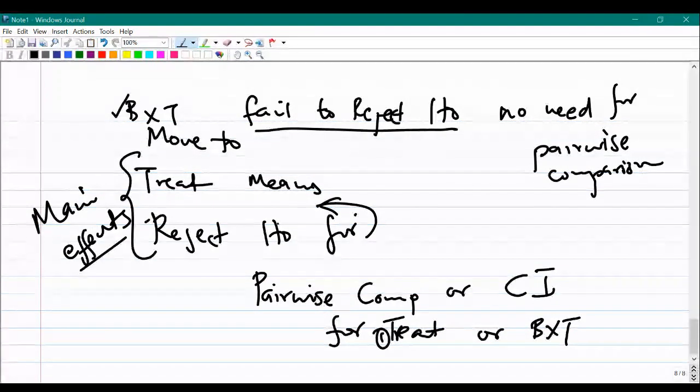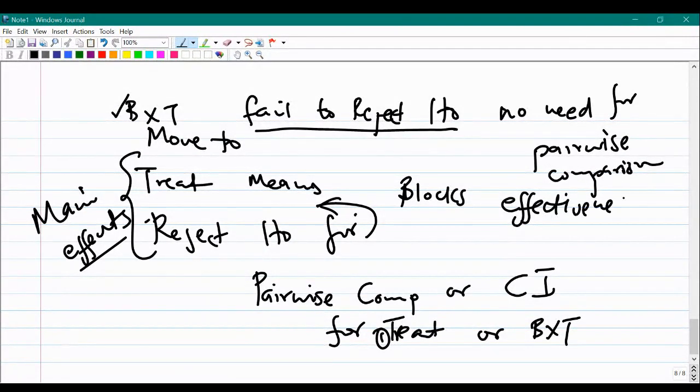Any is fine. Remember, why are we testing for the blocks? With blocks, you are checking the effectiveness of the blocks. But with the treatment, you are checking if there is a difference between the treatment means.